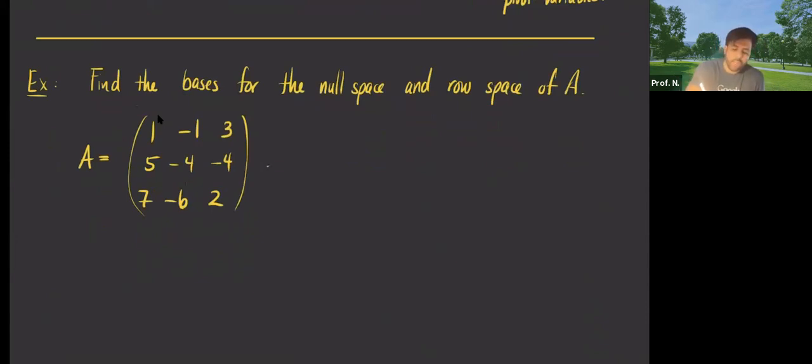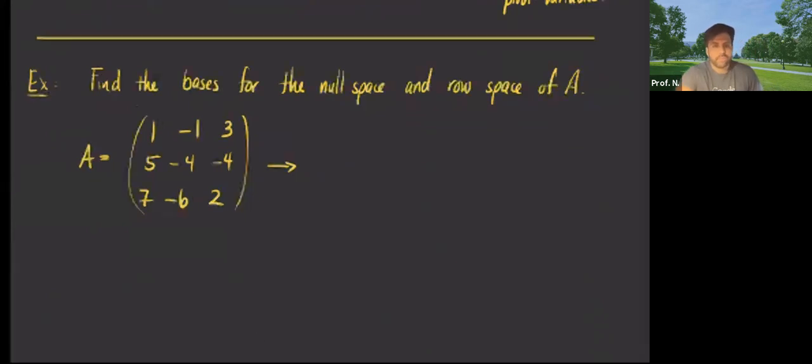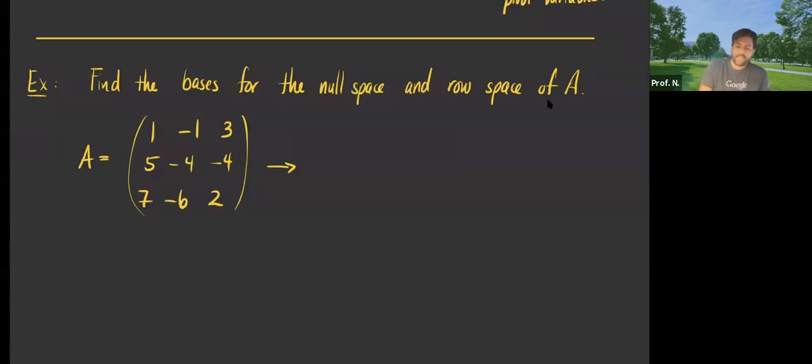So then what's the first thing I should do? What should I do? So I want to know the basis for the row space and the basis for the null space. Find your variables, so try inverting first.